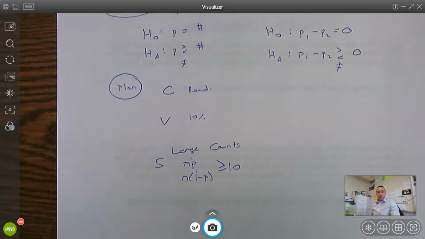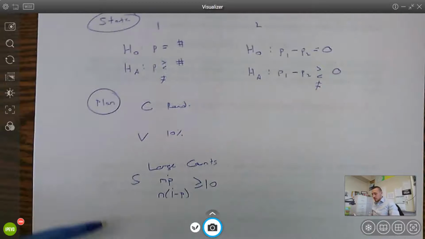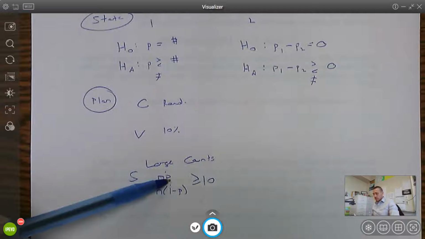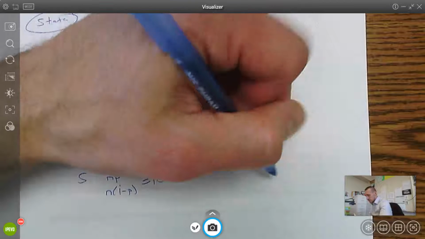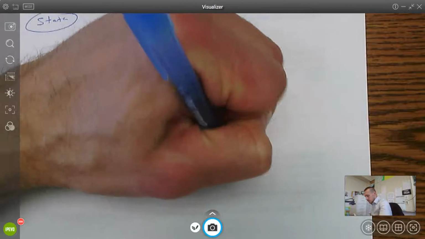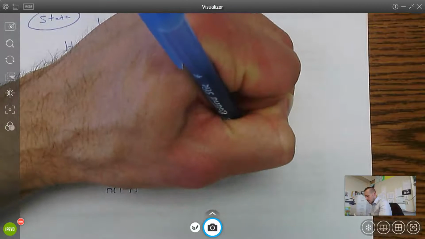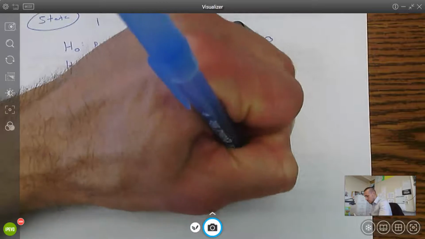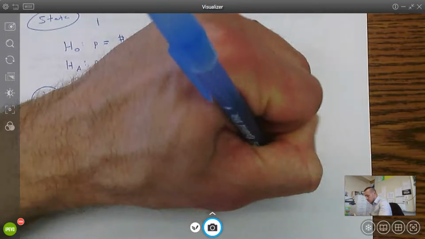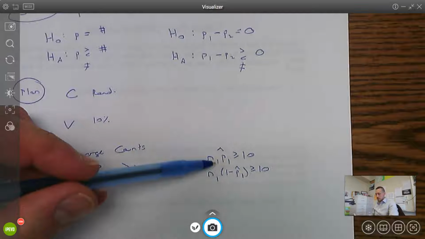For your 2 proportion Z test, you're not going to have a claim for the overall proportion. So you're going to have to check for each sample proportion for each group: are these at least 10?